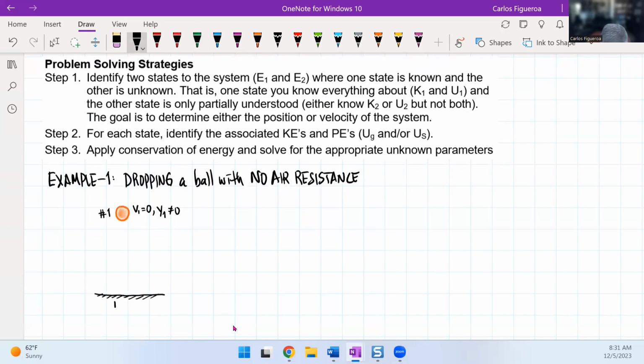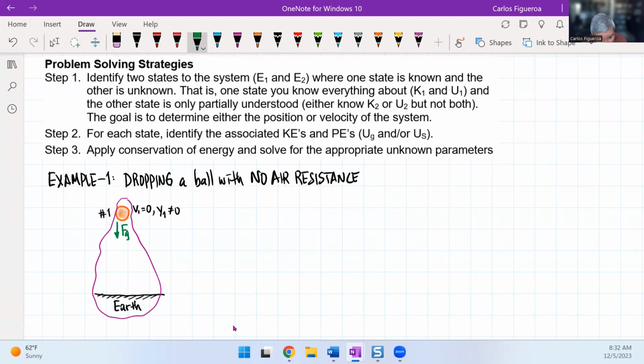My mistake is that I have to identify Earth. So in my system, I'm going to include the Earth. And if I include the Earth in the system, then inside my system I can define the force of gravity.